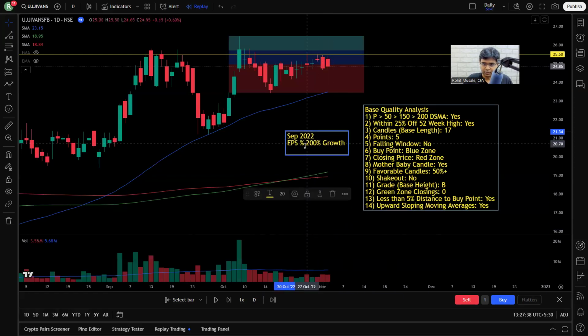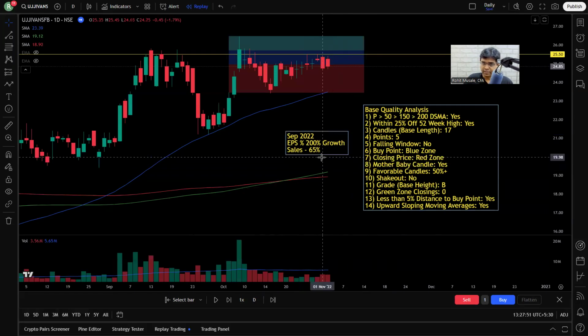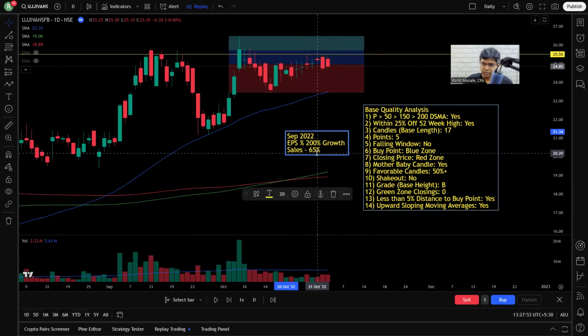Sales growth was 65% in the September 2022 quarter. Okay. EPS growth 200, triple digit EPS growth, very good sales growth. At that time, if you go back and check the consolidated numbers from MarketSmith, I have already checked.